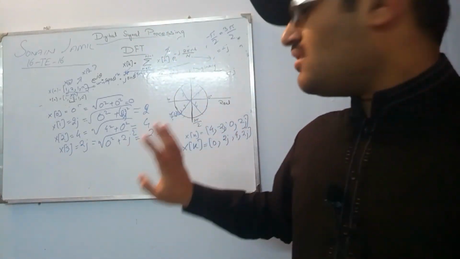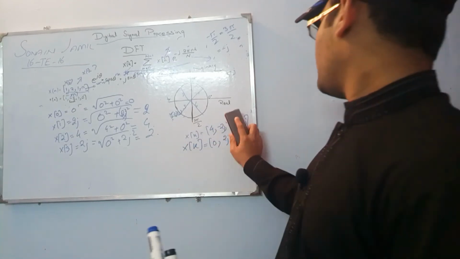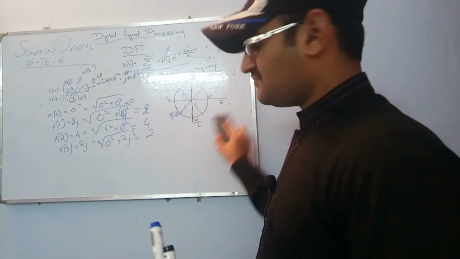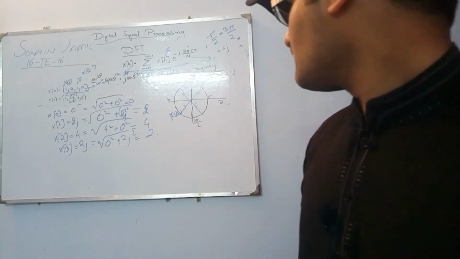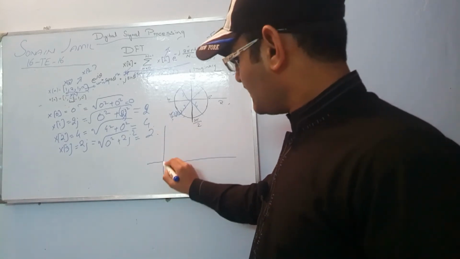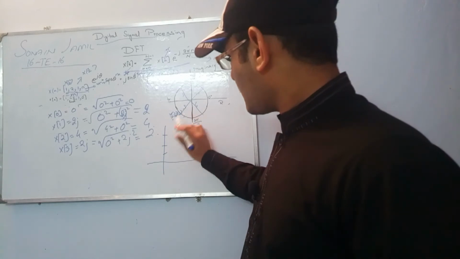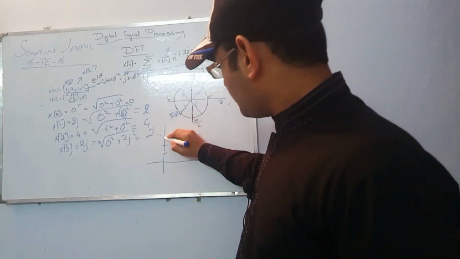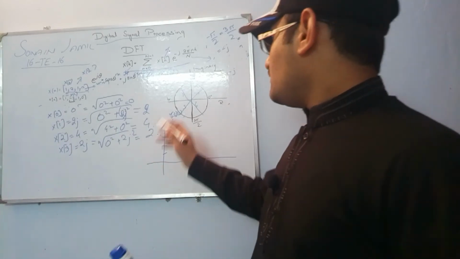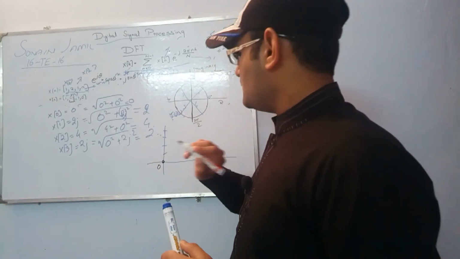If I want to draw this signal, it will look like this. Similarly, when k is equal to 0, its magnitude is 0.